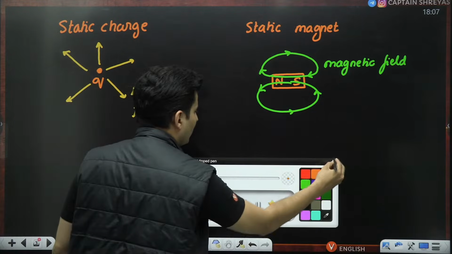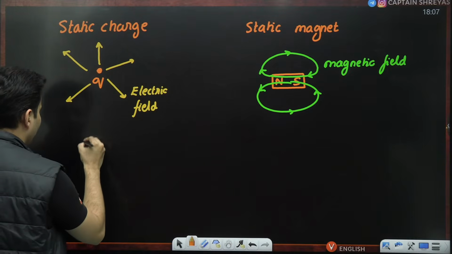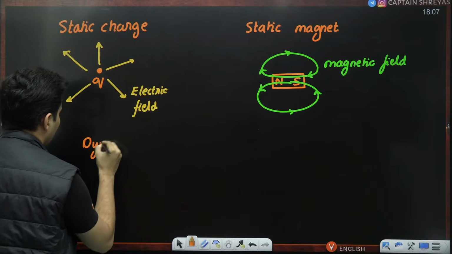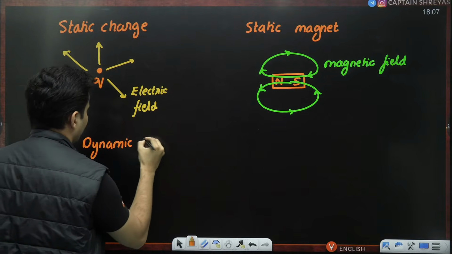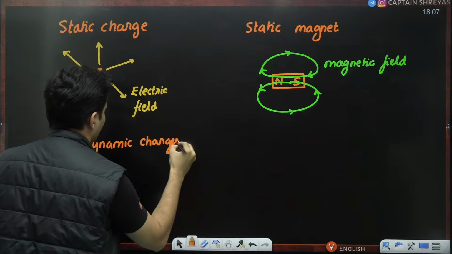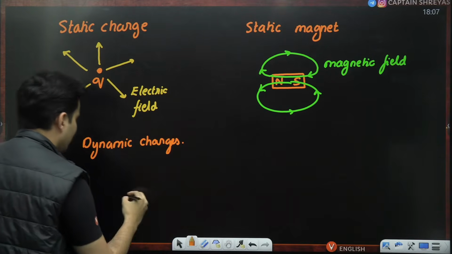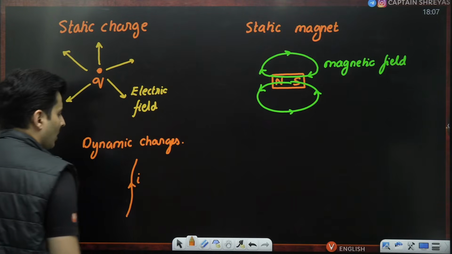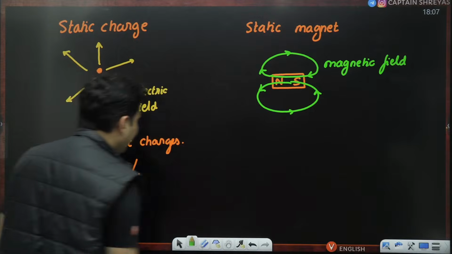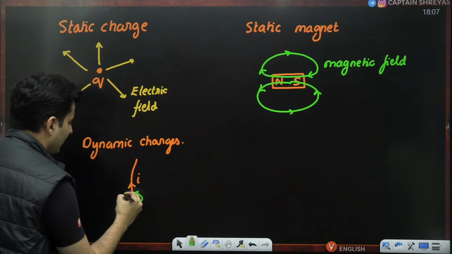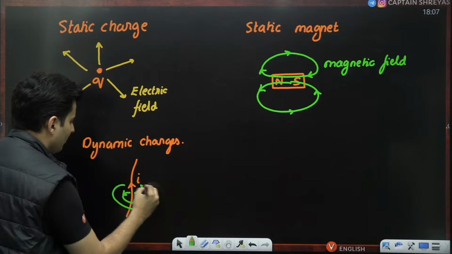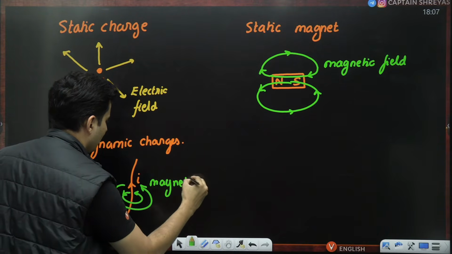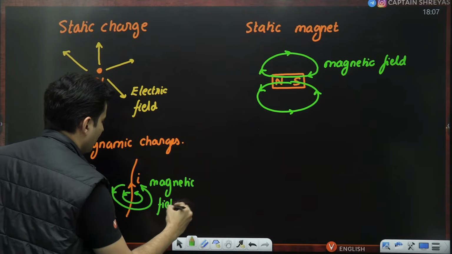Then the next obvious question is, if you have dynamic charges. What do I mean by dynamic charges? It means you have a wire which carries current, and that wire obviously produces a magnetic field around it.